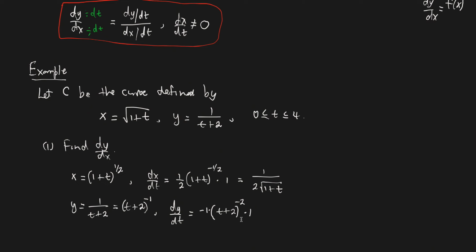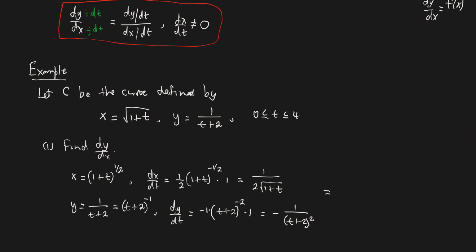I'm just going to make it clear that I know I'm using my chain rule, but multiplying by 1 isn't going to change anything. So when we rewrite this, using similar properties of exponents, we're not going to get a root because this is not a fractional exponent, but we'll have negative 1 over the quantity t plus 2 to the positive 2.